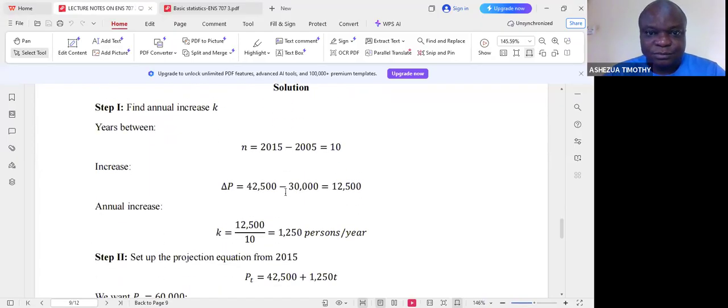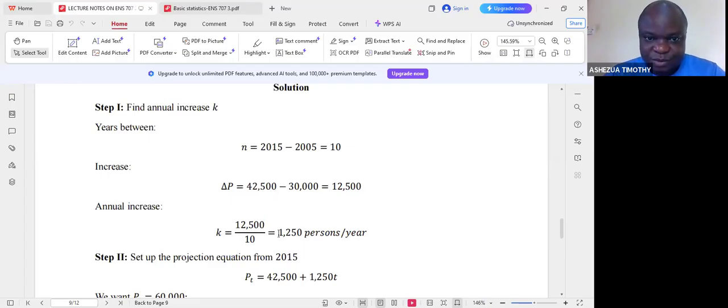We have got the difference between the years, and we've got the difference between the population censuses, which is 12,500. Now the annual increment will be this 12,500 divided by this 10.